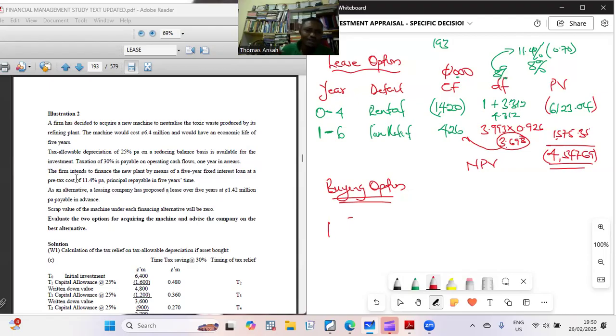I told you that if the examiner is silent on it, then it means it's T0 at T1, where you have tax savings here and you have your timing. Good. So the investment is how much? We are looking at 6.4. So like this. So T1 first, capital allowance is what, 25%, reducing balance.